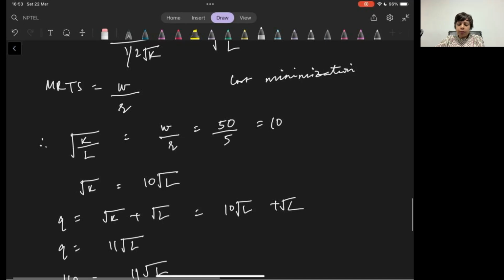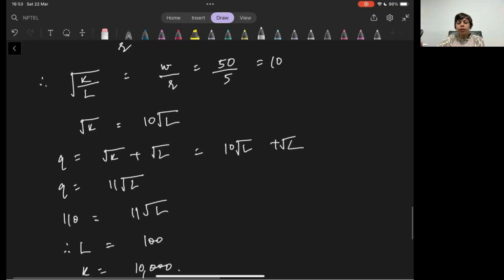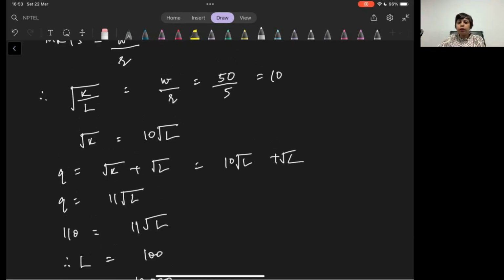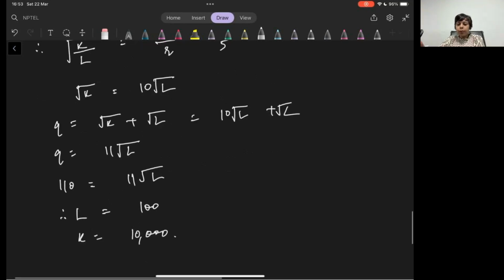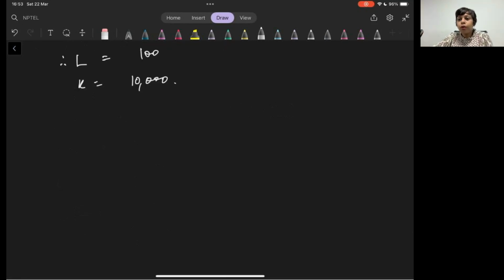And using this condition of MRTS equal to wages upon rental rate, we derive a relation between the two inputs, K and L. Now, if in some case the relation comes out to be something else, it will be something else. In this case, it comes out like this. So we just substitute K in terms of L and we get the quantity L. I'm just walking you through the whole process which we use.